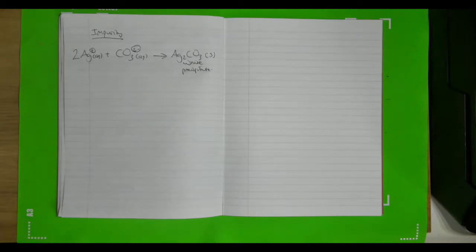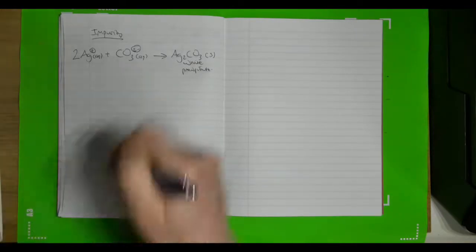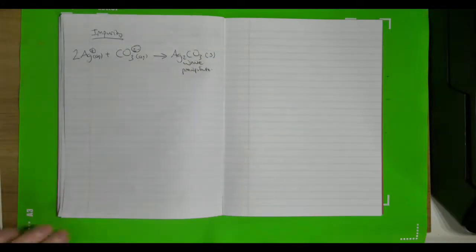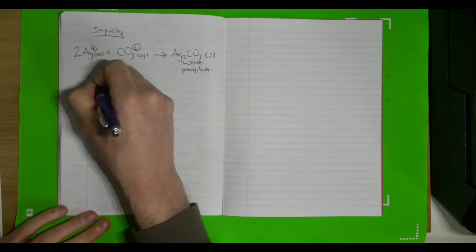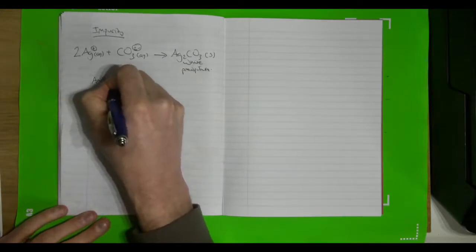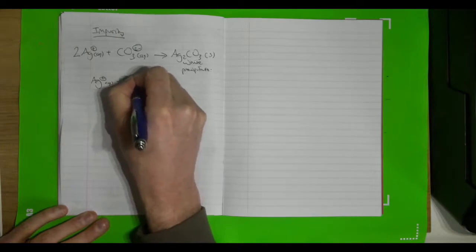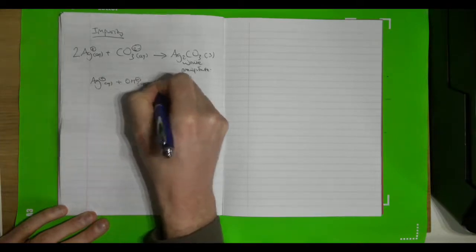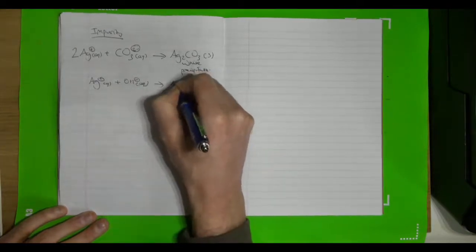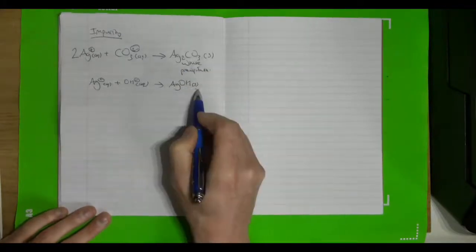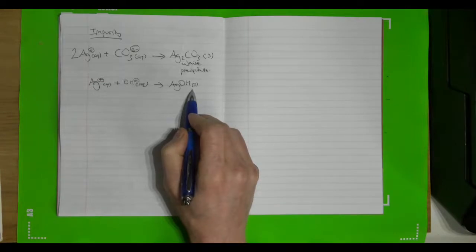And what we can do is we can get rid of this impurity. But let's have a look at another impurity. So another impurity is when the silver ions react with an impurity of hydroxide ions. That would make silver hydroxide, which again is a solid, so you'd see that as an impurity.